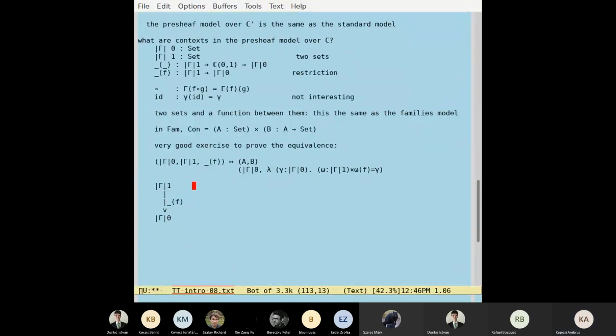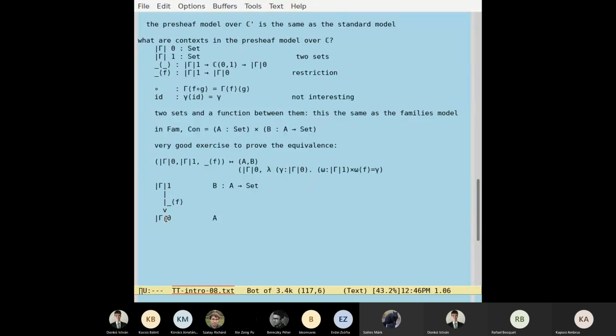restriction by f. And in the other case, I have a type A, and then the corresponding thing is that I have a B over it. Okay, so B is an A arrow set. And then I just say that when I want to convert from this representation to this representation, then B are the elements of gamma 1 which map to gamma 0.